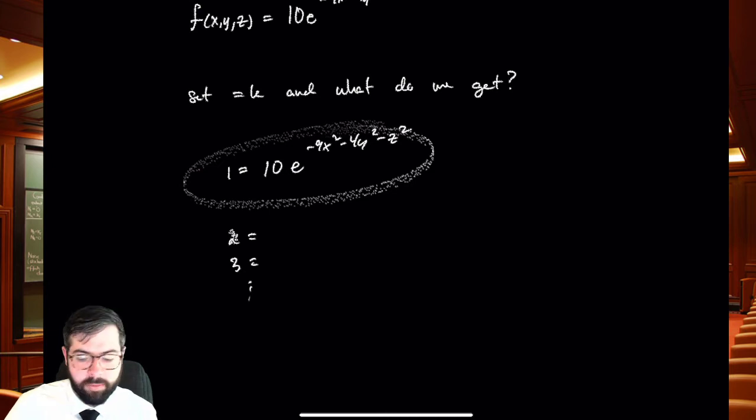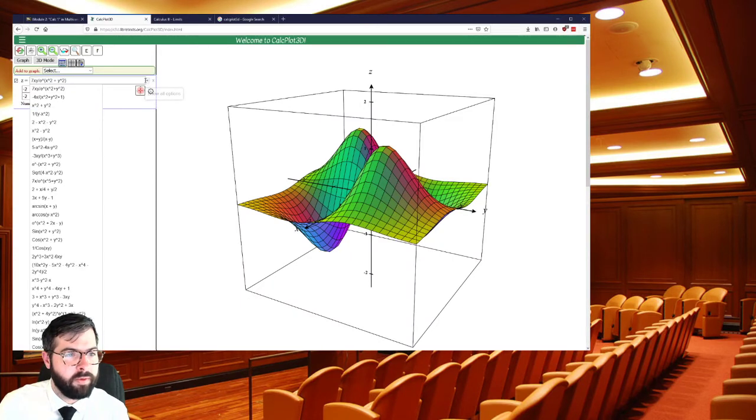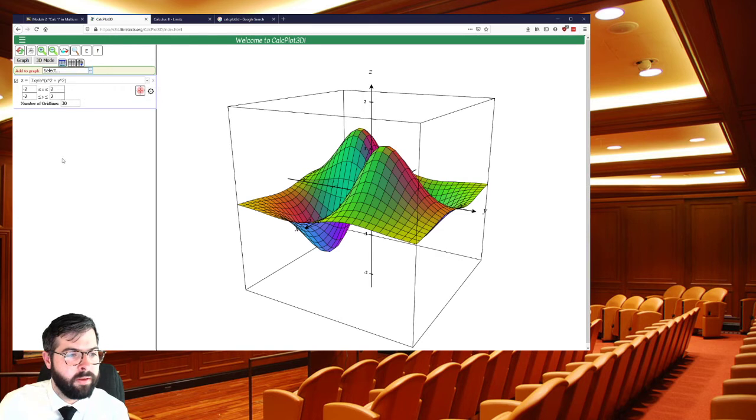No, it's not letting me. That's not it. So we want to do an implicit surface.